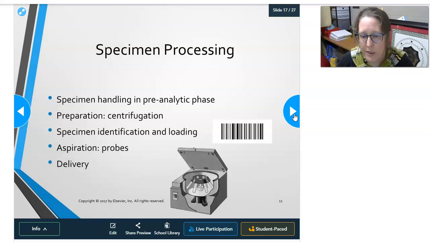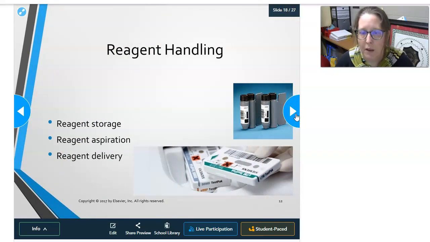So, yeah, for chemistry, centrifugation. Usually there's an uncapping also. Most chemistry analyzers need to have open tubes. They're not tube piercing analyzers. So that's a process that has to happen before the testing can begin.